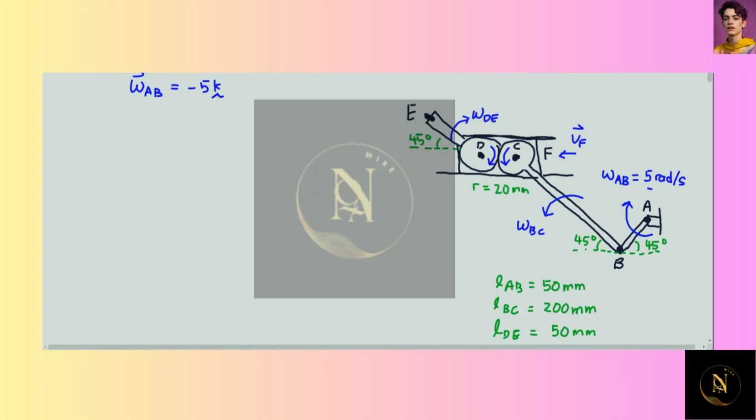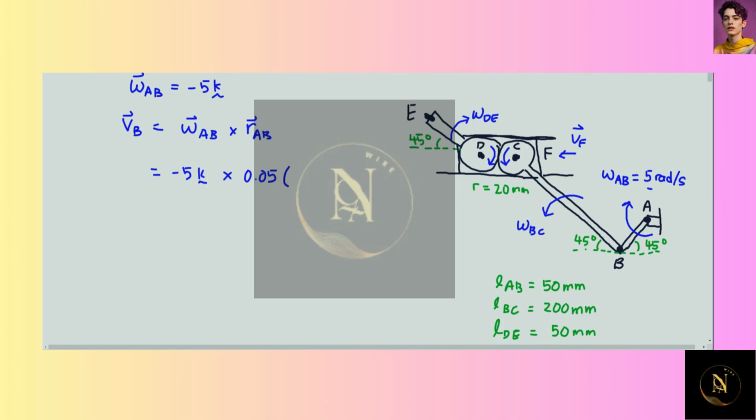A is fixed, so we can find VB to be equal to omega AB cross RAB. It's minus 5k cross the RAB, which is 0.05, so the lengths are written down here.